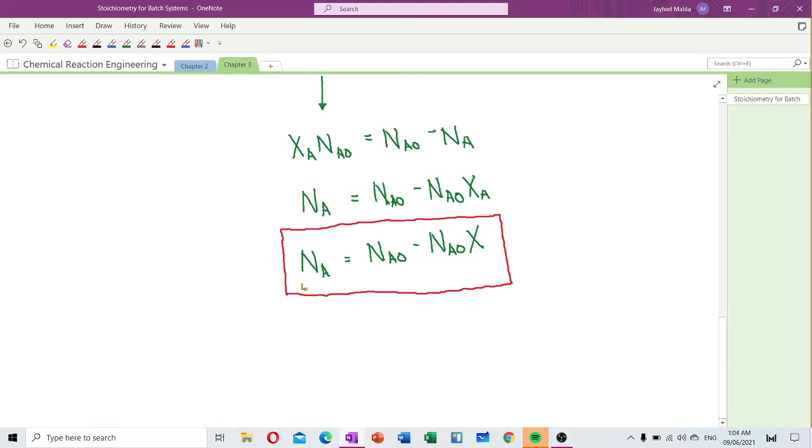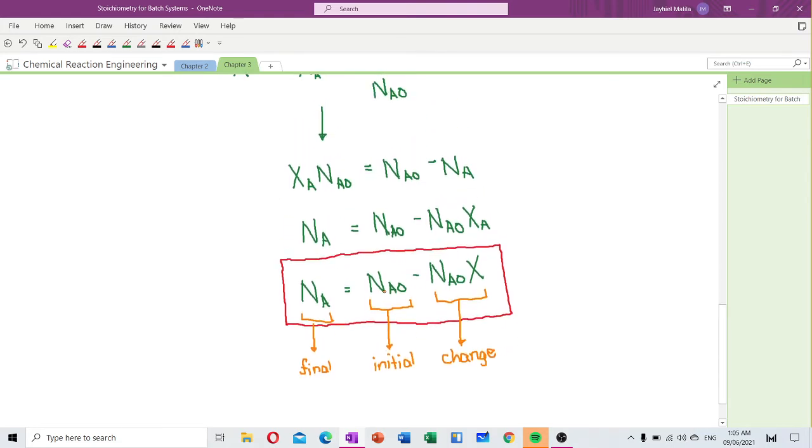This term over here serves as our final value, this will be our initial value, and this will be our change value, or how much was consumed. So we call that the change value.